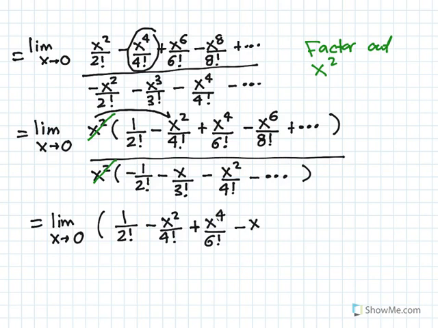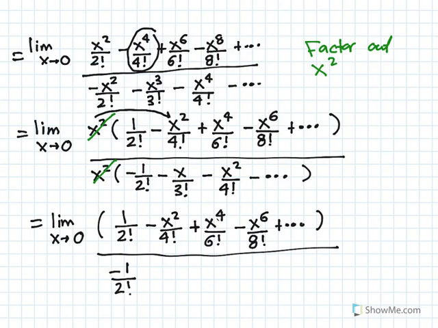X to the power of 4 divided by 6 factorial minus x to the power of 6 divided by 8 factorial, and so on. In the denominator, we have negative 1 divided by 2 factorial minus x divided by 3 factorial minus x squared divided by 4 factorial, and so on.